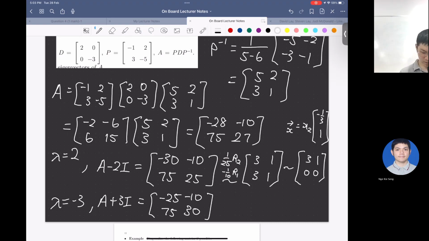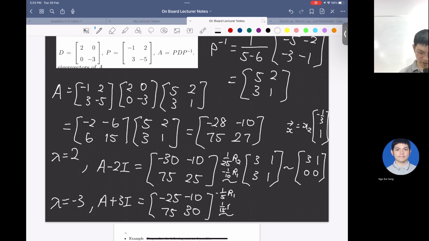What to do? Okay, divide by their GCD. First, divide by minus 5. Second, divide by the GCD, which is 15.